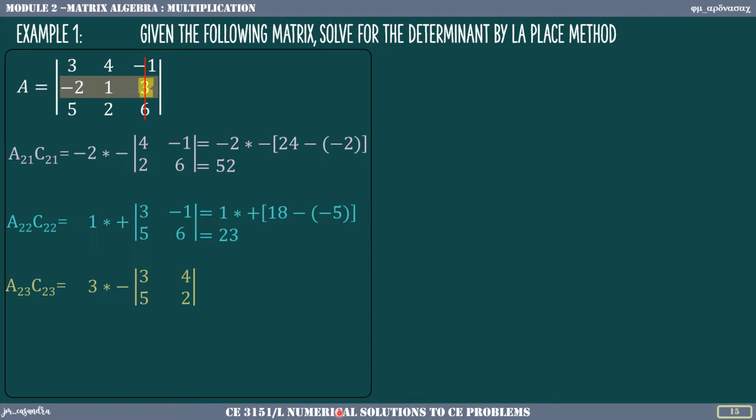Computing, we get 3 times negative 3 times 2 minus 5 times 4, which will give us a value of 42. So adding up our values of the products, the determinant of A will be 52 plus 23 plus 42, which is equal to 117.